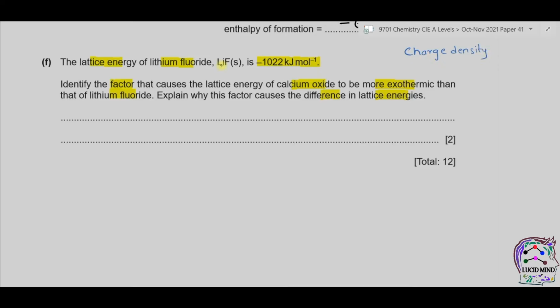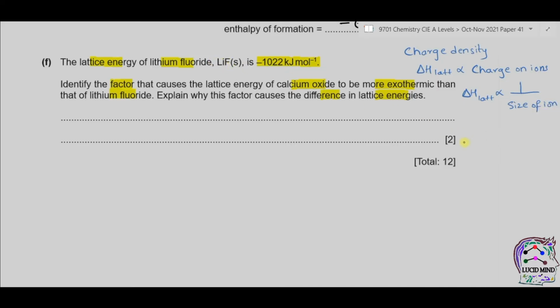The greater the charge, the greater will be the lattice energy, so lattice energy is directly proportional to charge on ions. And the second thing is the size of ion, so lattice energy is inversely proportional to the radius of ion.